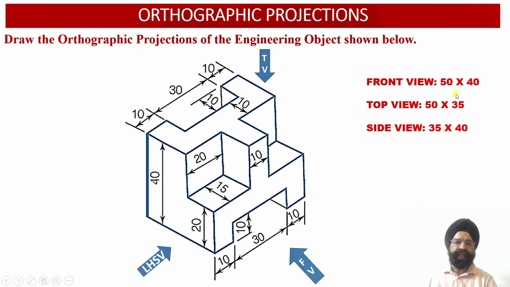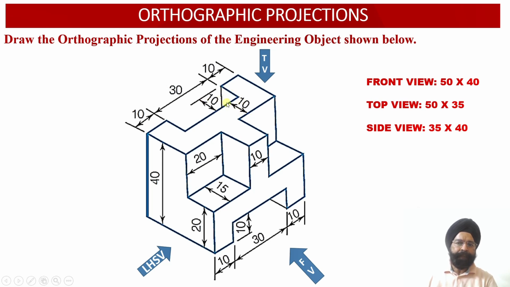When we look at the solid from the top view orientation, once again we observe that the width of the solid is 50 millimeter, while the depth of the solid is equal to 35 millimeter. Here we have got the depth of 10 millimeter corresponding to this rectangular slot at the rear side of the solid.